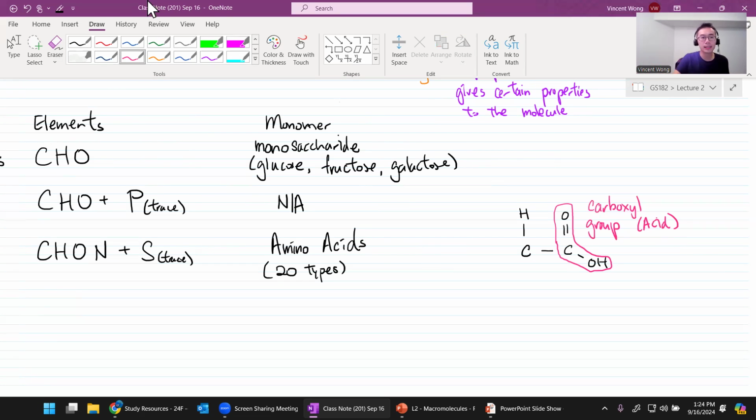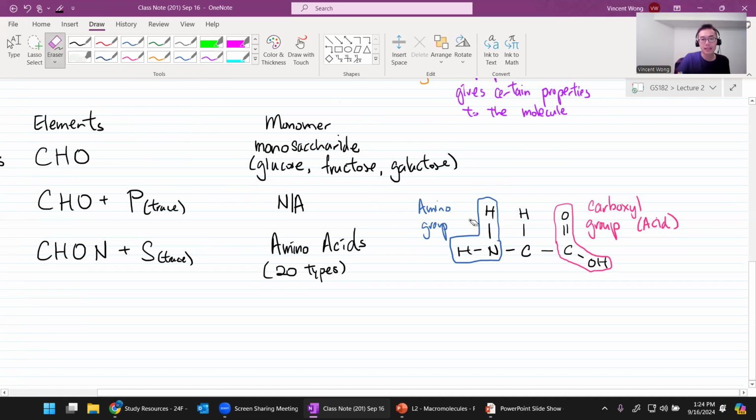And then on the other end, it's connected to N and H. This here is what we call an amino group. So that's why it's called an amino acid, because it has an amino group and an acid group, amino acid.